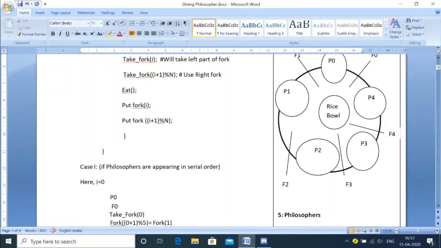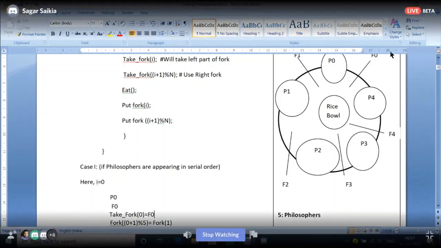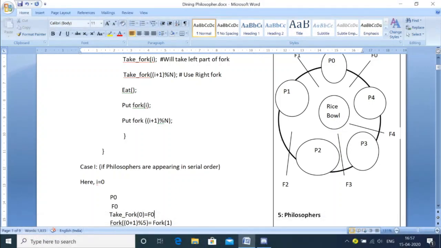That means it will be taking fork 0. So he has chosen which fork? F0. Only P0 is there as of now, others have not come, because we are saying that philosophers are appearing in serial order, one after another.